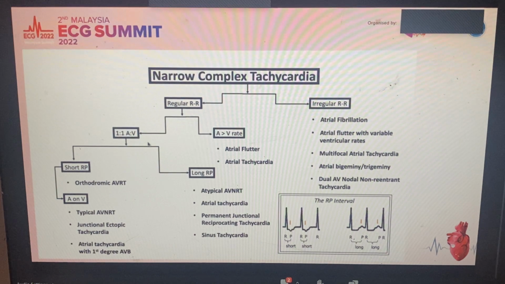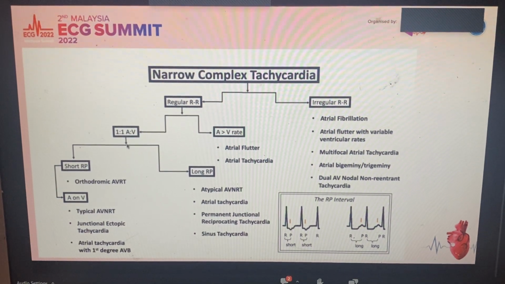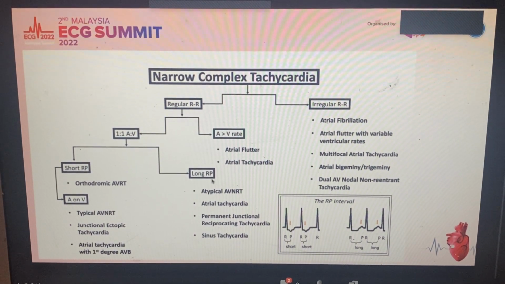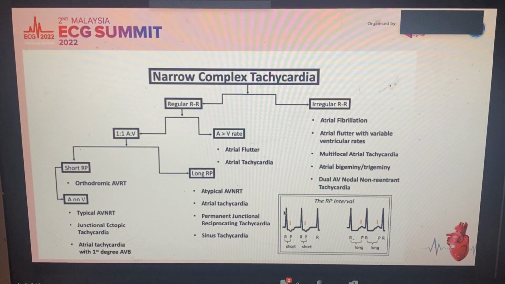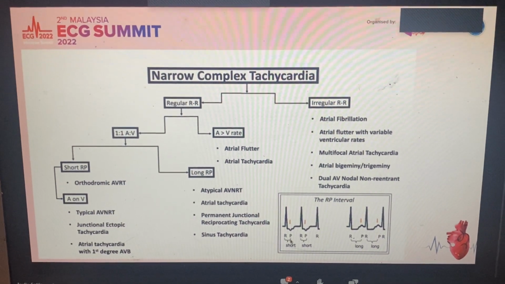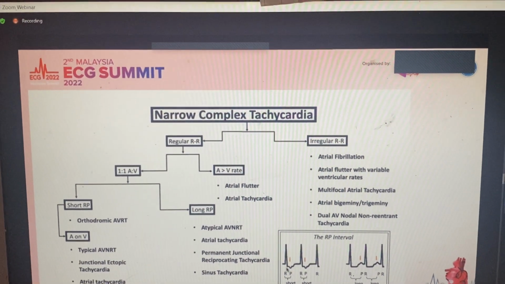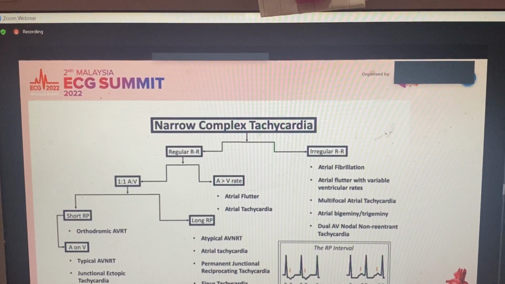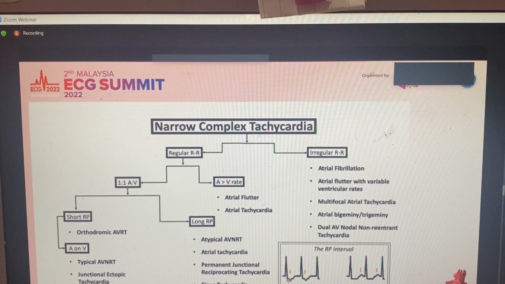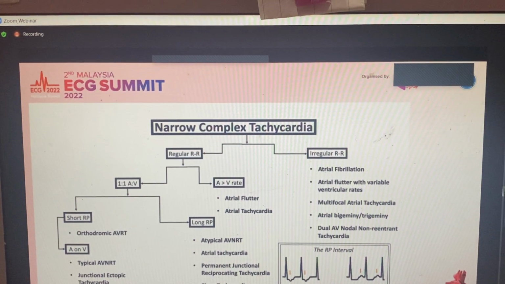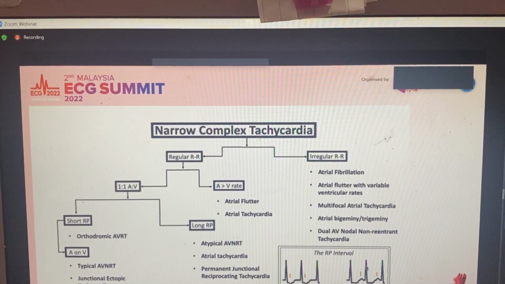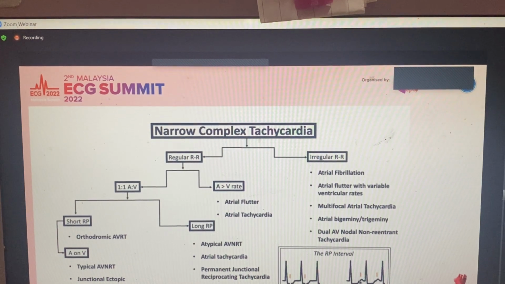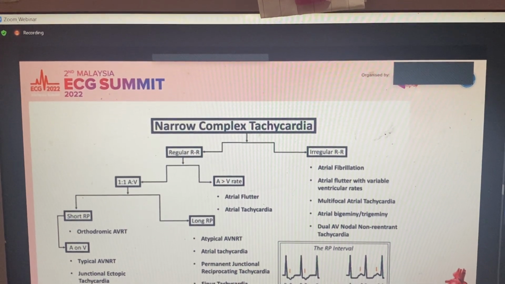If the A and V are in a 1-to-1 ratio, then you look at the R to P interval. So what is this RP interval? If you look at this chart here, after the QRS, the R wave, if the P wave is less than 50% of the way to the next QRS, it is a short R to P interval. If the P wave is near to the next QRS, or more than 50% of this R interval, we term this a long RP interval.